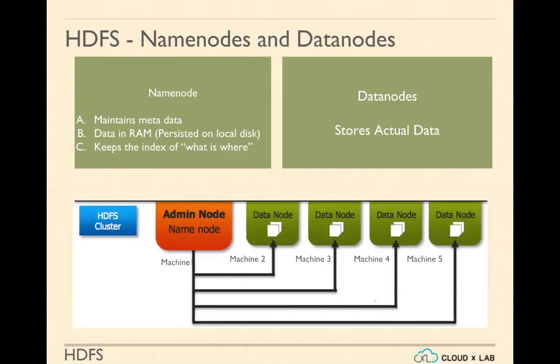Name node maintains the metadata, meaning which file is where, and it keeps the metadata in memory. Okay, and data nodes are keeping the actual data. So instead of the way we had defined the cluster in which we connected all these machines, we came up with a service.